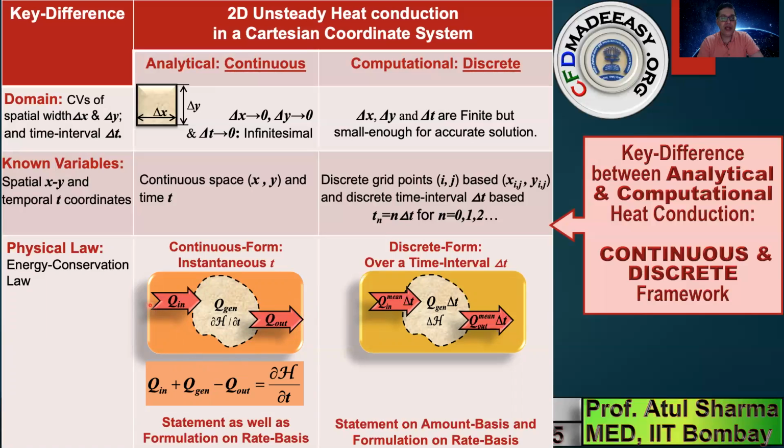This is the total rate at which heat is stored inside this control volume: in plus generated minus out. This equals the rate of change of enthalpy. Note that the curly h corresponds to the amount of enthalpy. So this is the rate basis you are using. You are making a statement as well as a formulation, and both are on a rate basis.